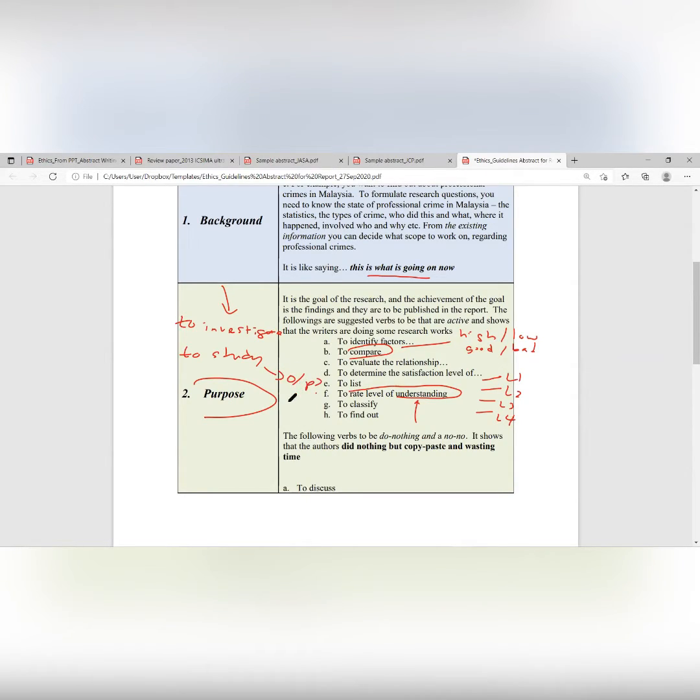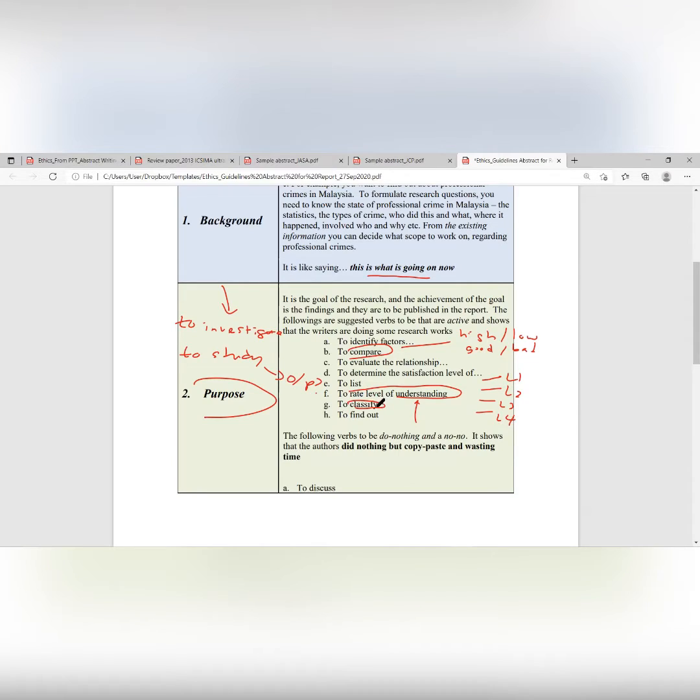So these are the things that should be very specific that you need to put in your abstract. The purpose, it will be something that's specific. So this one, like G, we want to classify, right?